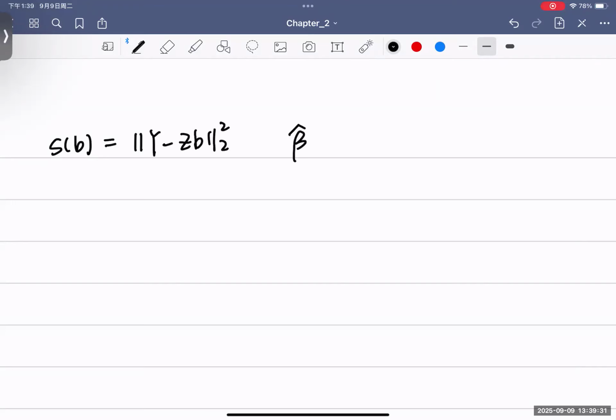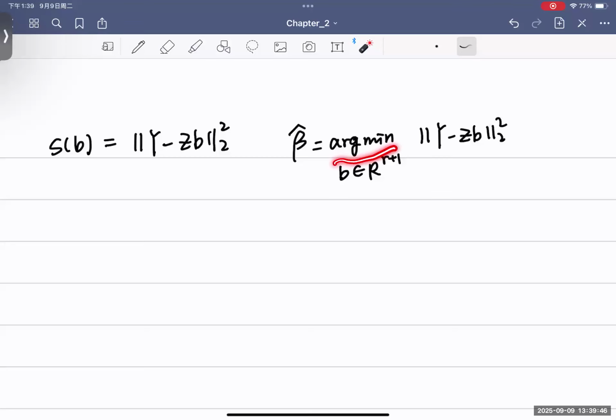It's the argmin over any choice of b in r plus 1 dimensions, making y minus Zb as small as possible. This argmin stands for the value of b that makes this function achieve the minimum.